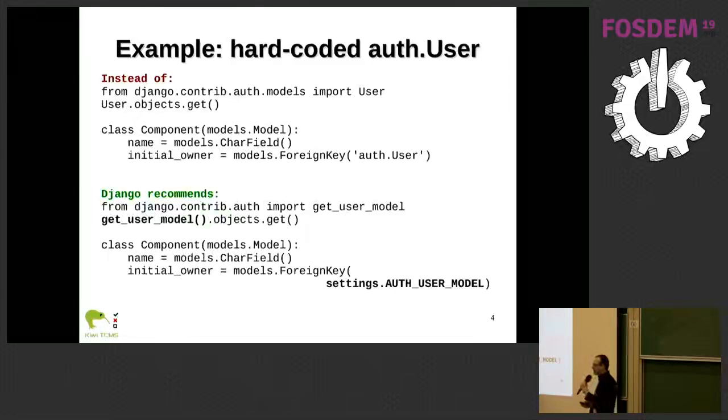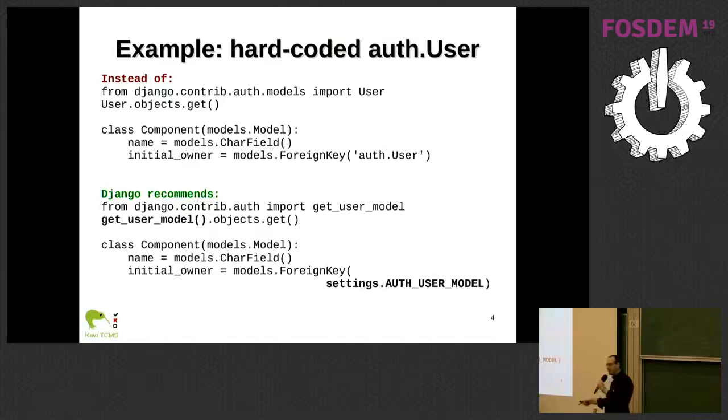Another example is you're using a lot of frameworks, a lot of libraries. They have best practices, they have some recommendations that you need to follow. For example, if you're using Django, it tells you don't hard code the authentication user as a foreign key relationship, because this can be changed. You should be using a setting for that. And also Django tells you don't issue queries directly against the user model, because that can be changed.